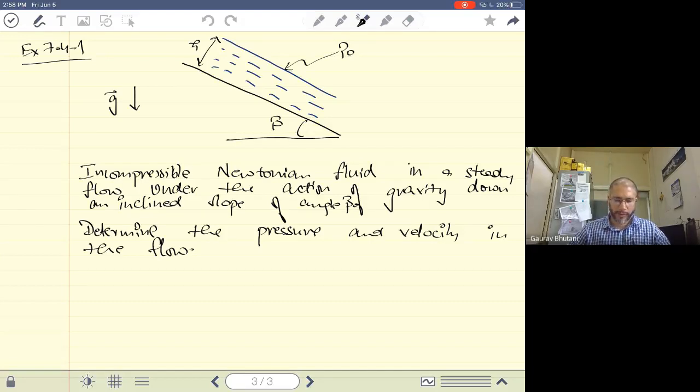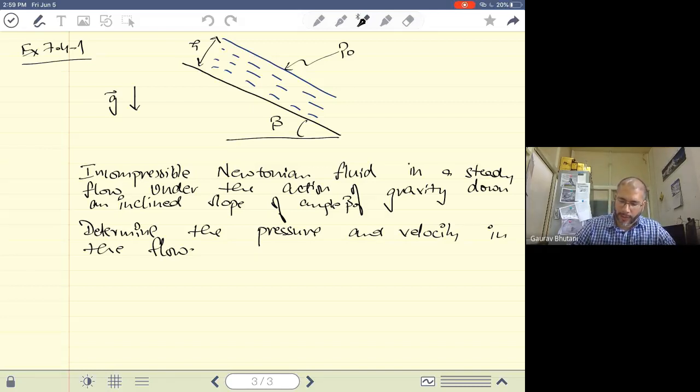Right. So the first thing we have to do is decide on a coordinate system, because we'll be writing pressure and velocity as a function of x1, x2, and x3. So first we have to decide what coordinate system to take, because the physical situation has no coordinate system attached to it. Coordinate system is our choice when we are solving the problem.